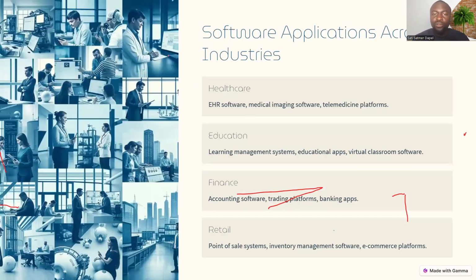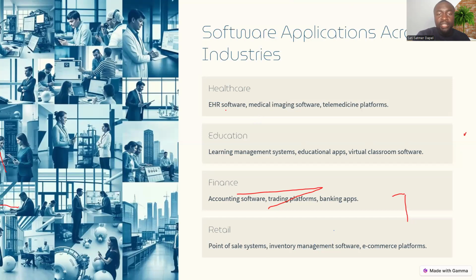Now, when you say software applications and industries, we have different areas where we use computer systems and computer applications. One of them is healthcare. In healthcare, there are specific application software built for that.